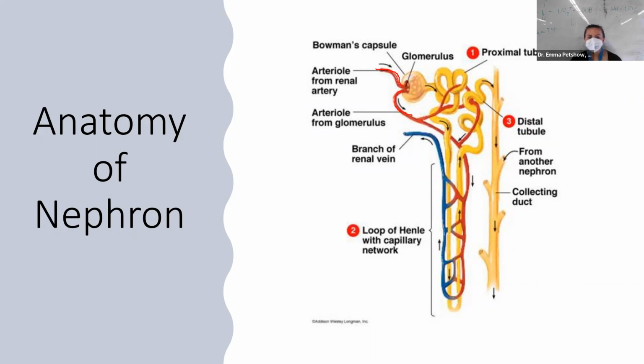Our glomerulus right here is encircled by Bowman's capsule on the outside. If you think of your glomerulus and your Bowman's capsule as your big filtration system, it starts up your filtration process, filtering out things that are large or small, deciding what's going to flow through the nephron in the first place. And then our nephron is just our huge concentrating system for urine, right?